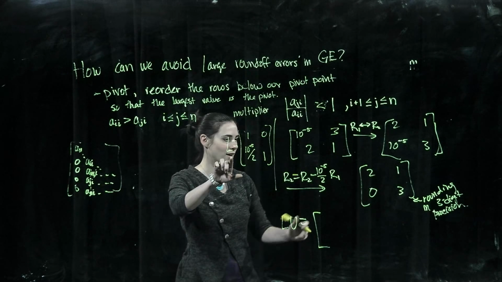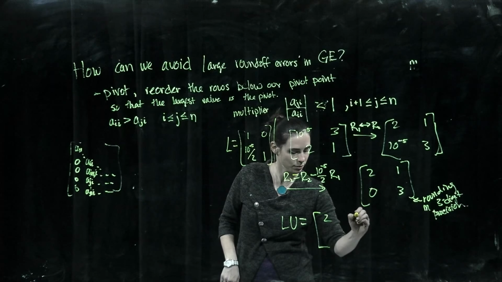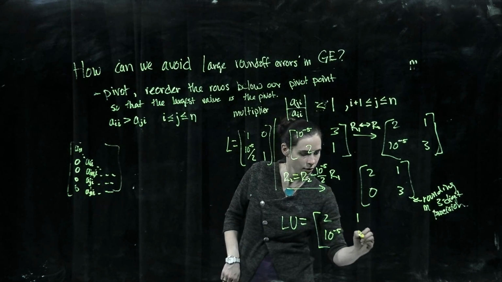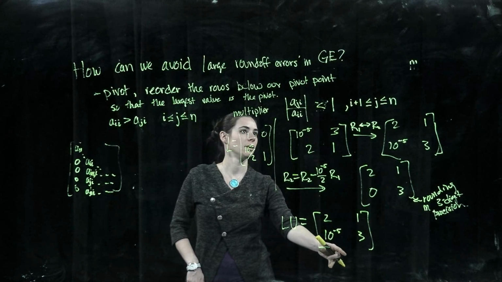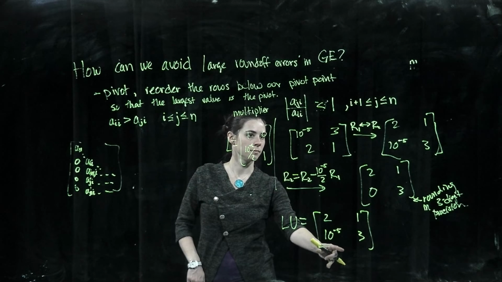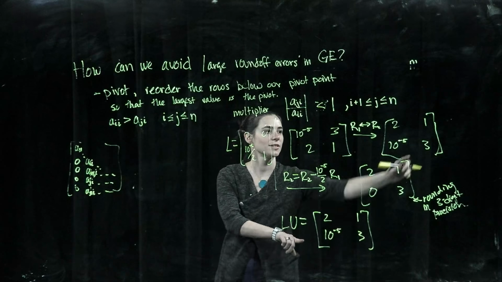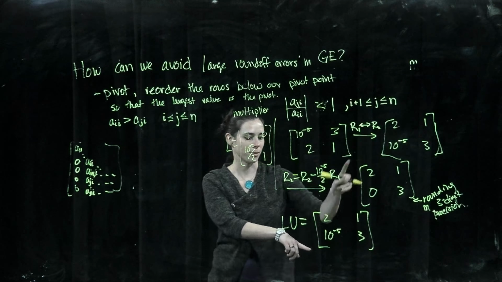So if I take this L and multiply by my U matrix, we end up getting 2, 1, 10 to the negative 5th, 3, which is the same as our original matrix when we swapped the rows.